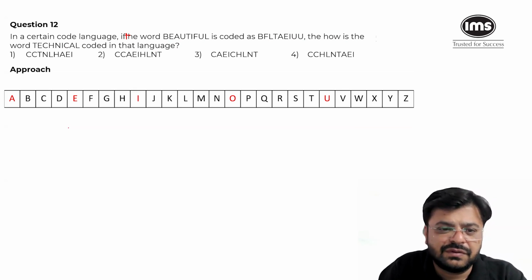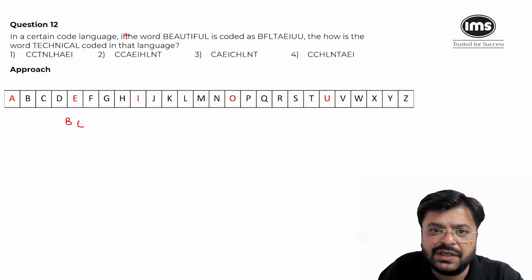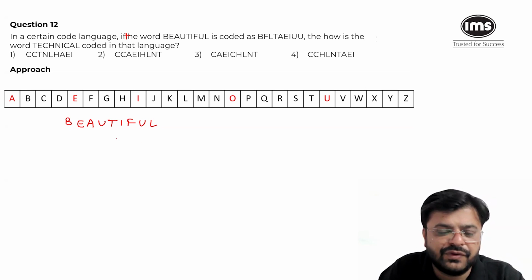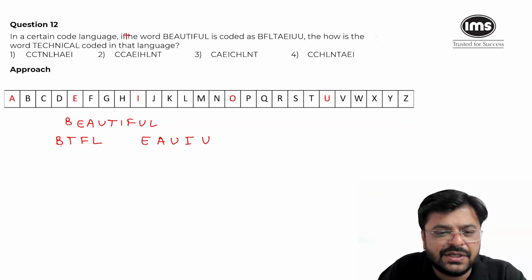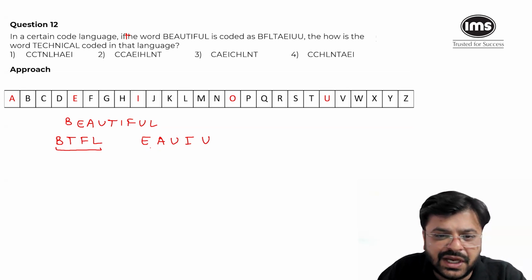So in the word beautiful, we have B as a consonant, E and A are vowels. Then we have T, U is a vowel, I is a vowel, then F, U, L. So we have four consonants and we have five vowels.